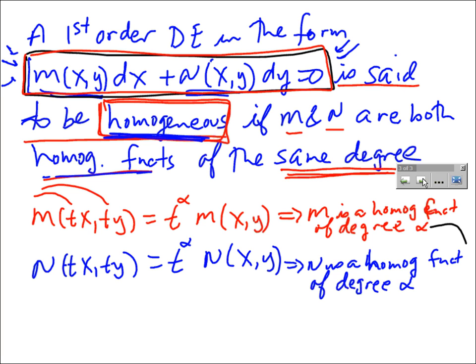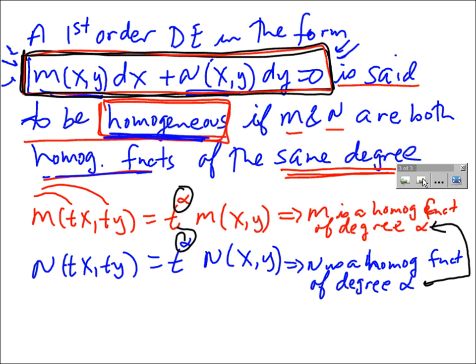These powers of t have to be the same. It's not enough for m and n to just be homogeneous functions. They have to be homogeneous functions of the same degree before we'll say that this differential equation is homogeneous.